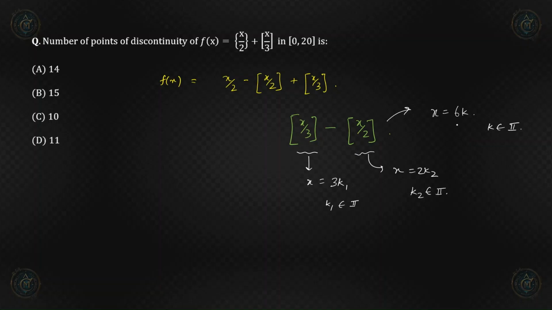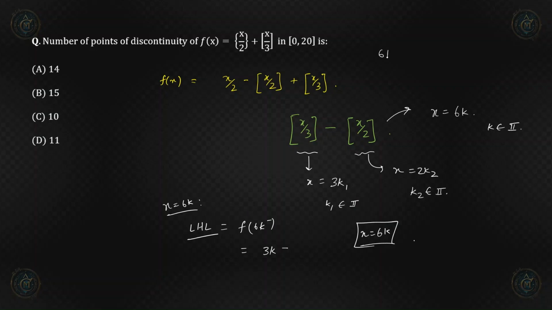How? Let us take this case x equal to 6k. If we calculate the LHL at the point x equal to 6k, LHL will be f(6k minus). The first term is the same for all the cases, right? This term does not contain any discontinuous or problematic part. Then we have at 6k minus, this greatest integer will be 3k minus 1, right?